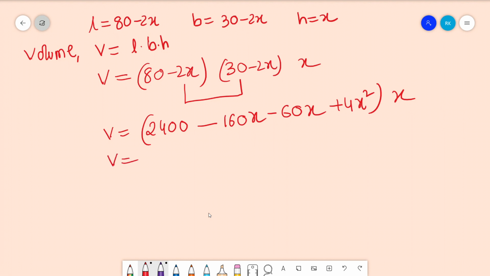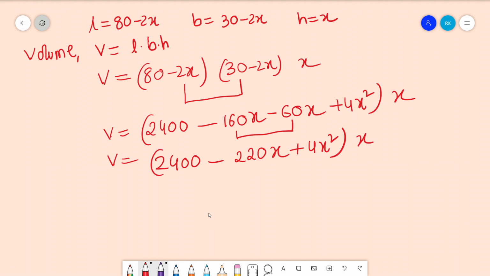Let us simplify these two terms. We get 2400 minus 220x plus 4x square. Now lastly, let us multiply with x. We get 2400x minus 220x square plus 4x cube.